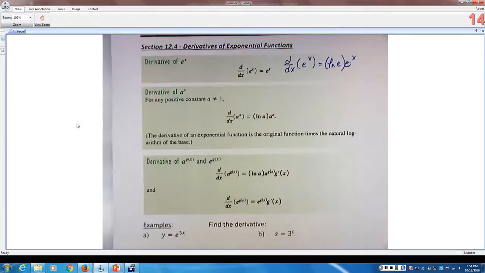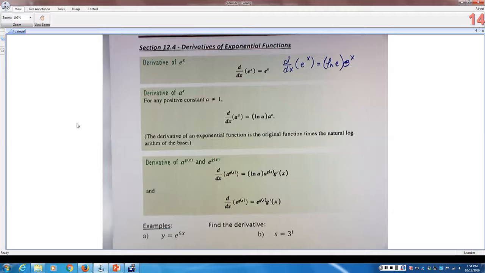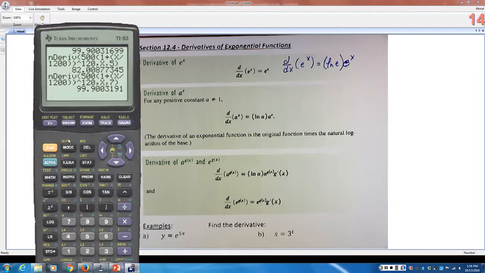And what is the natural logarithm of e? What is ln e? So the natural logarithm of e to the first is 1.